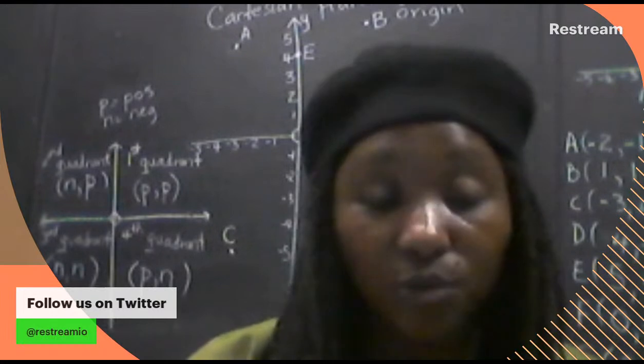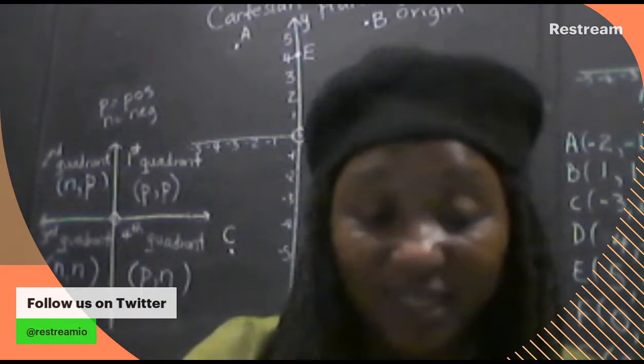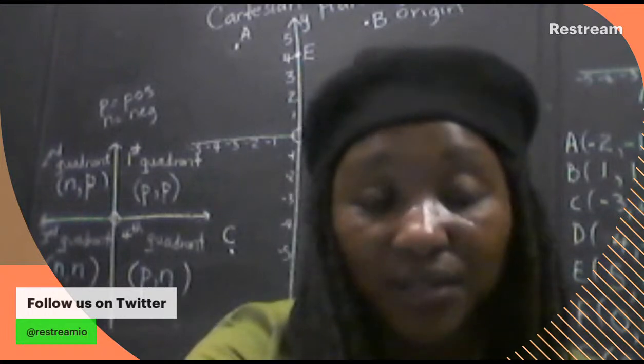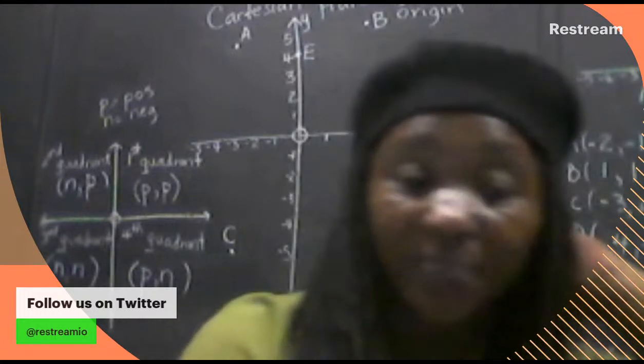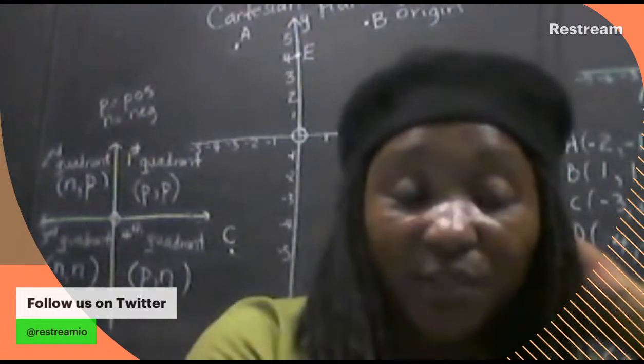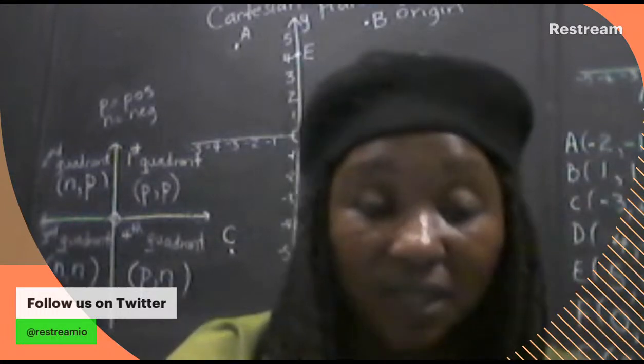If you master how to read your graphs, how to plot them, how to interpret them, and you master your algebra and your paper 1, I have found from my experience that a lot of students fail the math exam because of the paper 1.